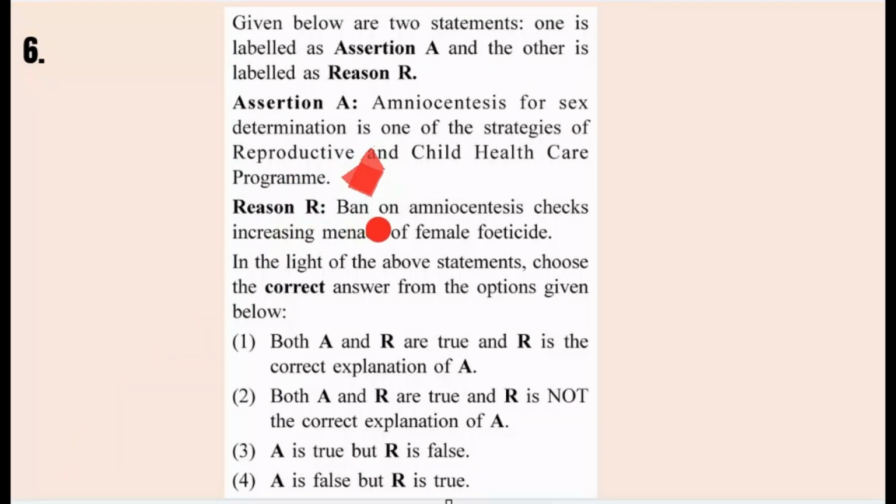R is, ban on amniocentesis checks increasing menace of female feticide. That is correct. In the light of the above statements, choose the correct answer from the options given below. So the assertion is false, but the reason is true, which means that option 4 is right.